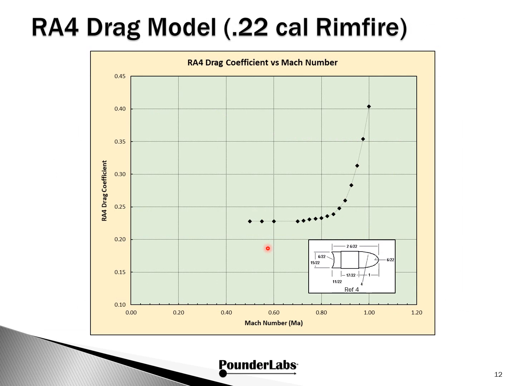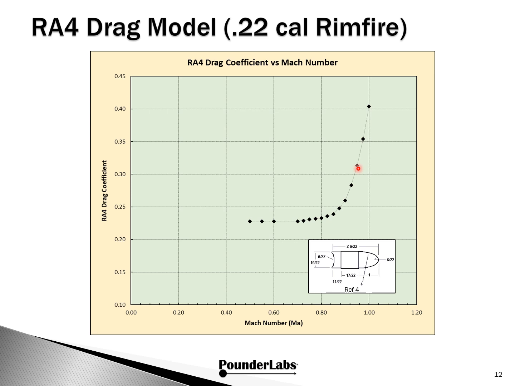Over the years, there have been several different G models developed. The most important are probably G1 and the newer G7. But there's also one called the RA4, which is specifically for 22 rimfire. Here's the diagram, and again, all these measurements are in calibers. This is particularly important for the work we do in rimfire. You'll notice the function here that was developed is very different than the G1.